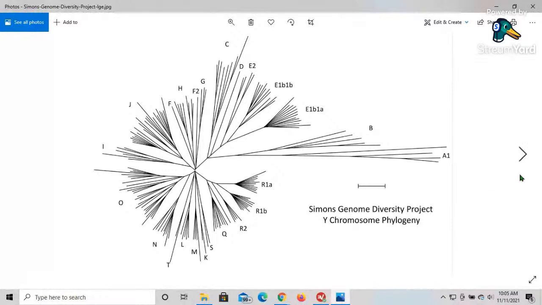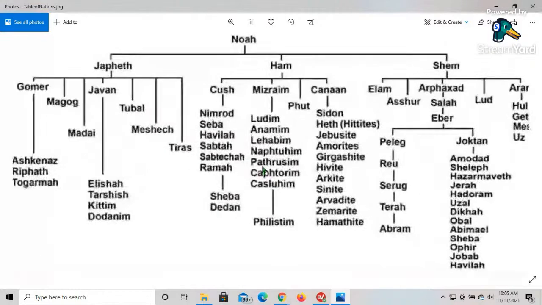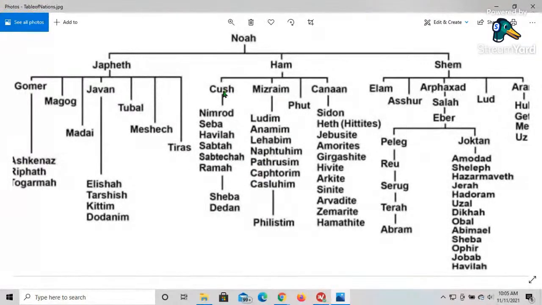So moving right along, I have to take off now. Here's the one. Descendants of Cush, Nimrod, Sheba, Havilah, Sapta. Basically, it's a mixture of half Semitic, half Arabic, or because it's here in Joktan, you have some of the same names, even Havilah.